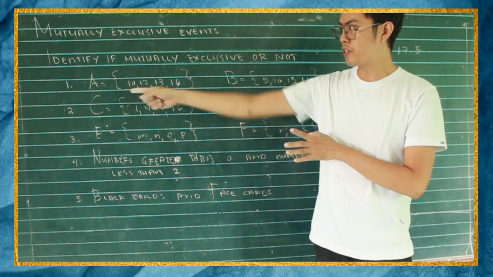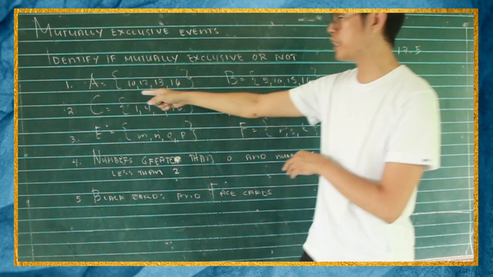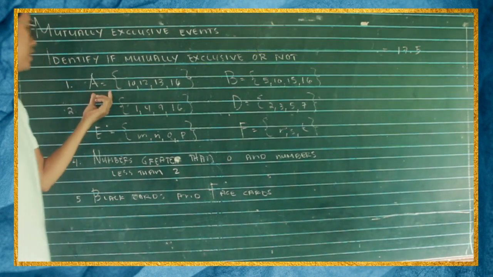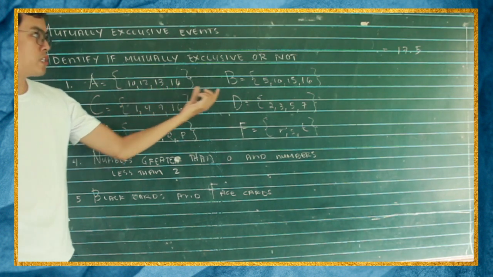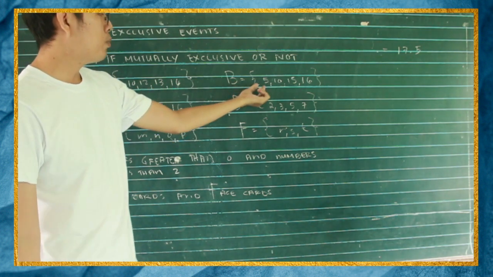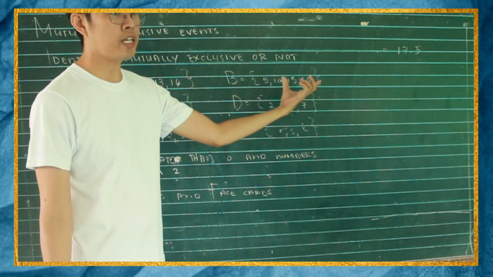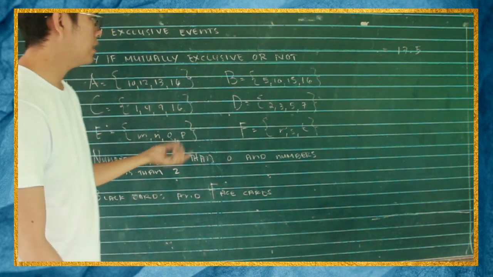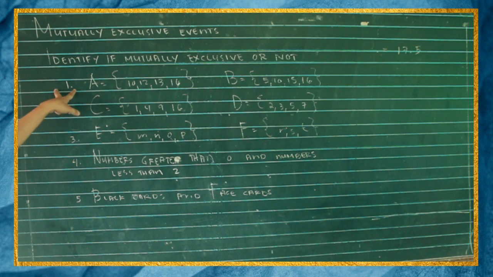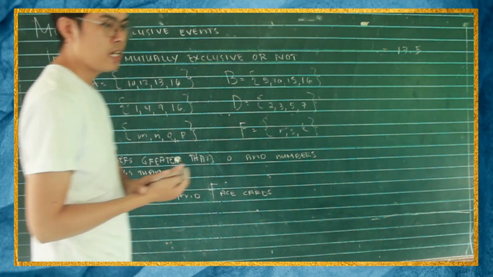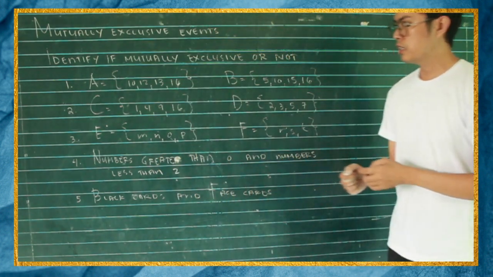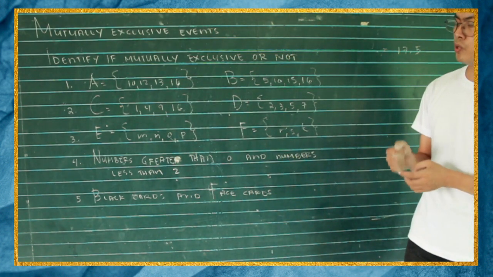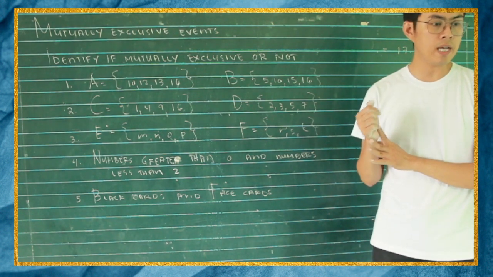So for the first item, we have set A, whose elements are 10, 12, 13, 16. And we have another set B, with 5, 10, 15, 16 as its elements. If we say mutually exclusive event, it means they don't share the same element.